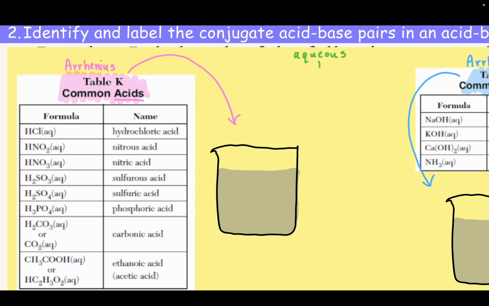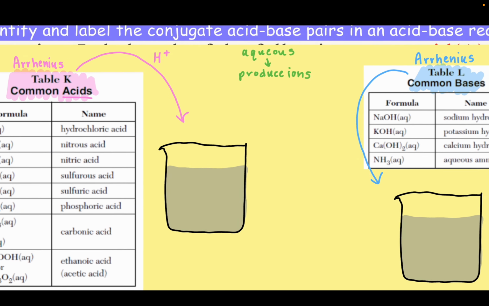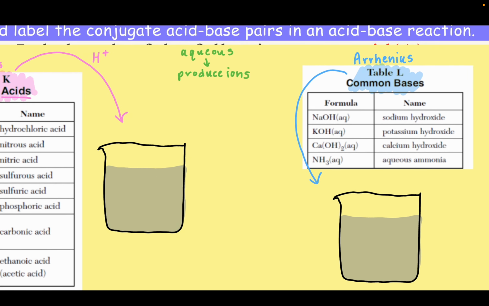They're going to produce or release some sort of ion in solution. For your Arrhenius acids, it's always going to be a hydrogen ion, or a proton, or H+. And your Arrhenius base is always going to be a hydroxide ion, which is OH-.